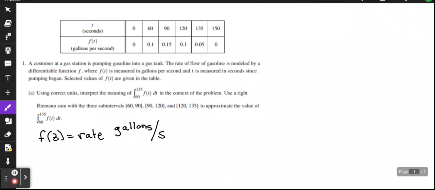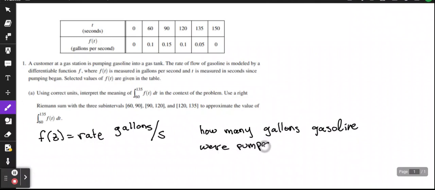So this tells us how many gallons of gasoline were pumped in the tank from time 60 to time 135.